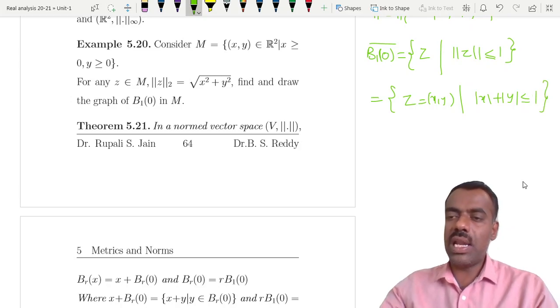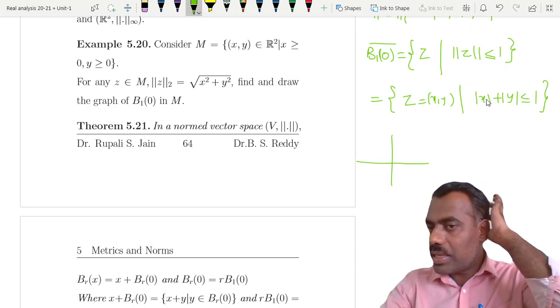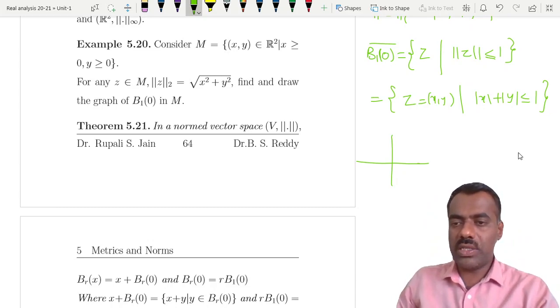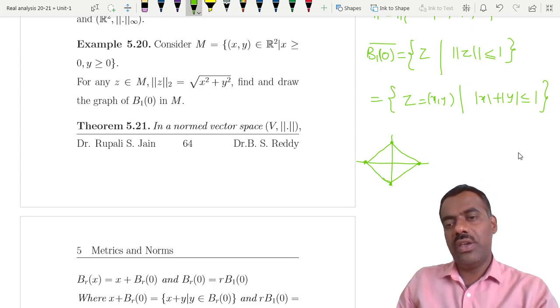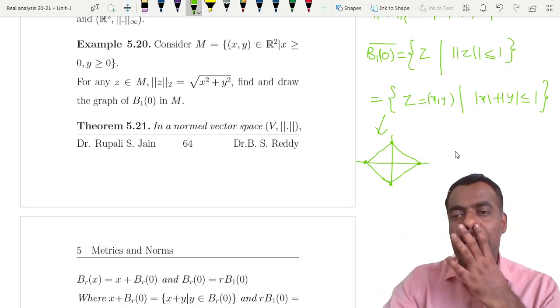Obviously these four points: (1, 0), (0, 1), (minus 1, 0) and (0, minus 1) will come, right? And not only that, you can take the set where mod x plus mod y is at most 1. I am going a little fast, but you can check that this will be the ball. Try different points and see whether you get this or not.